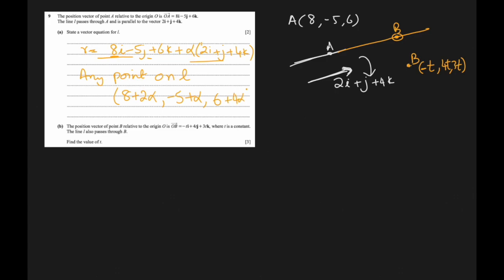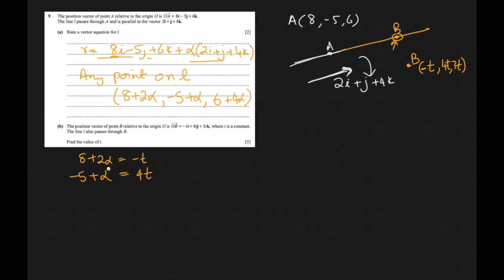These are the coordinates of any point on this line. Since B is on this, 8 plus 2 alpha is equal to minus t, and minus 5 plus alpha is equal to 4t.